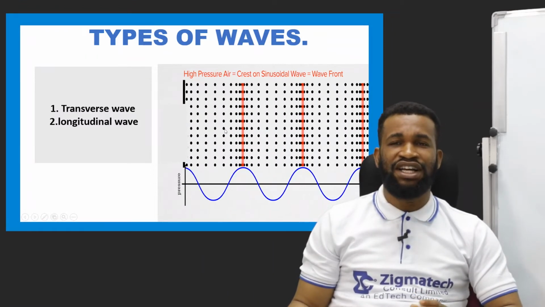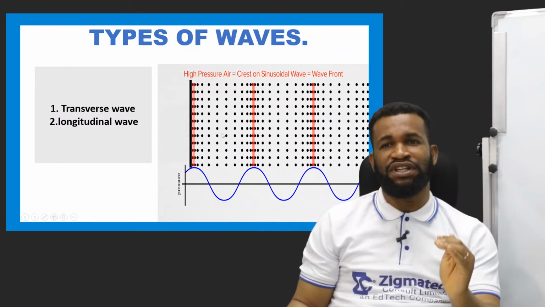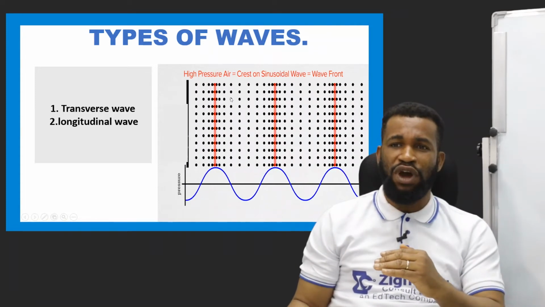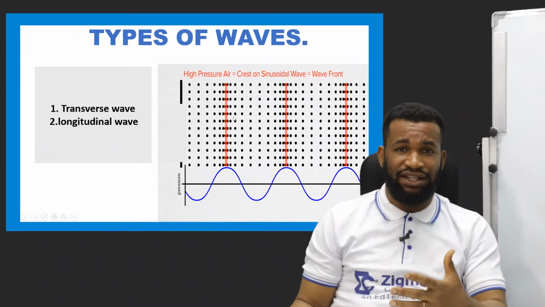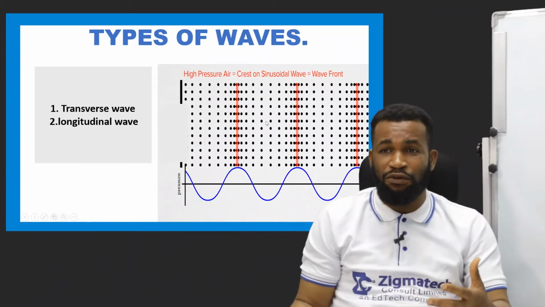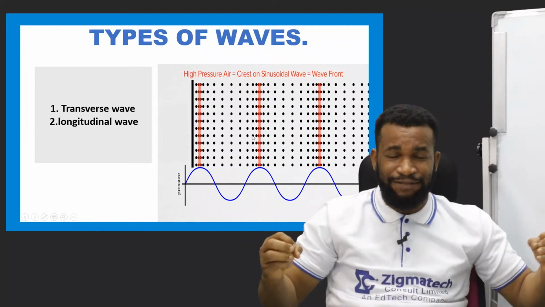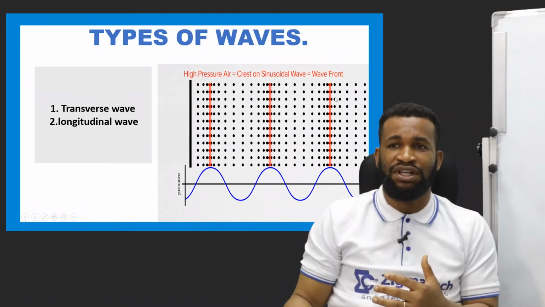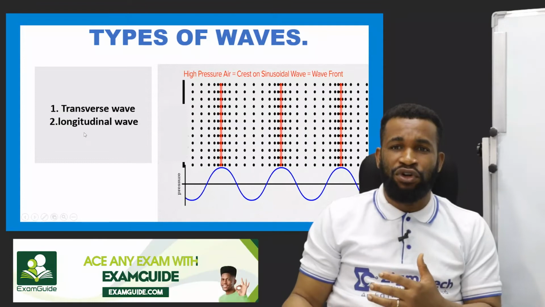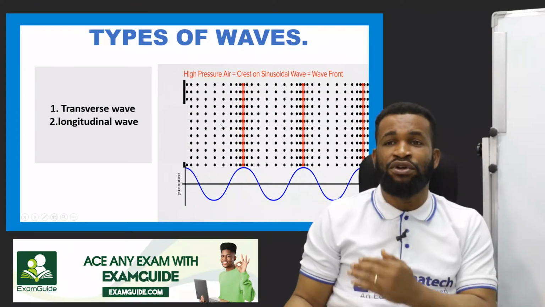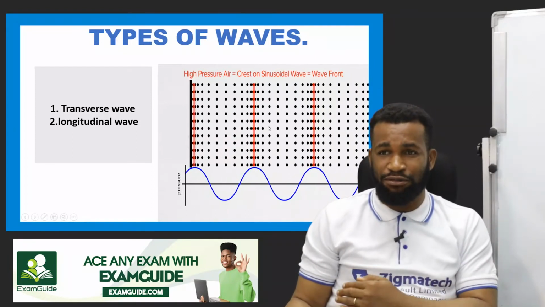Those dots you are seeing there are a picture painted for you to imagine that this is wave, like particles of air. Particles of air moving from one point to the other, just like a spring. That is how sound travels. And that is an example of longitudinal wave. This one is an example of longitudinal wave, and this is how it moves.